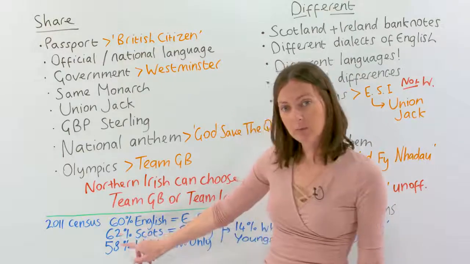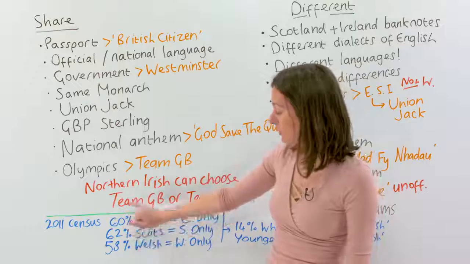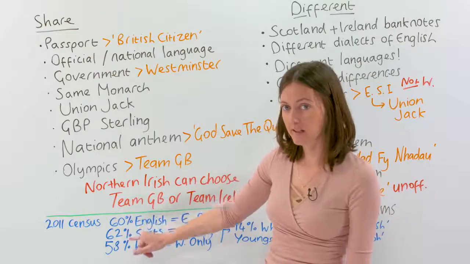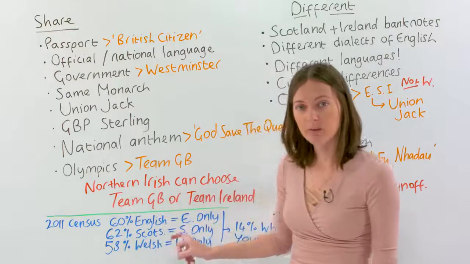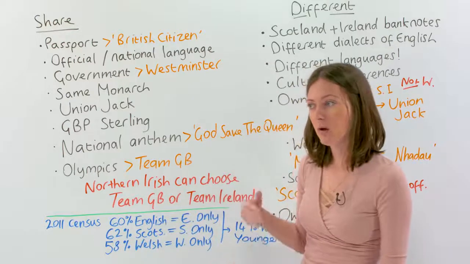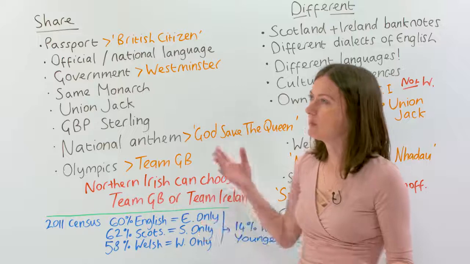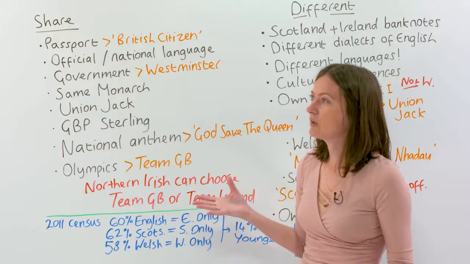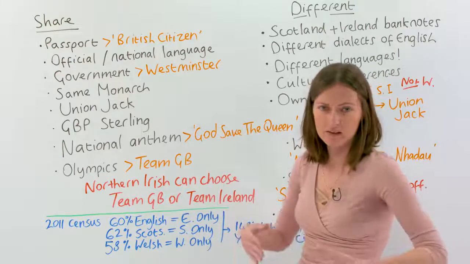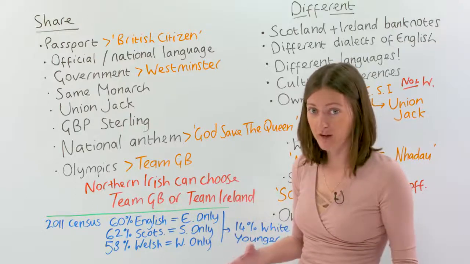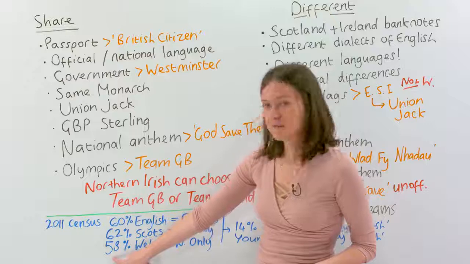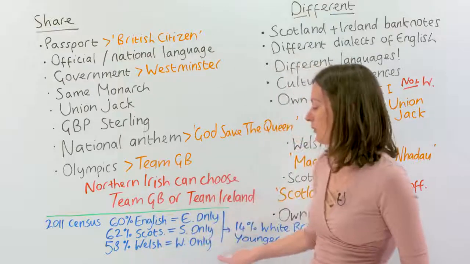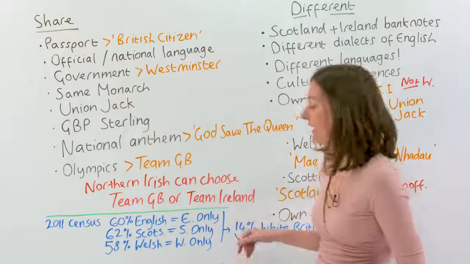So a slightly higher percentage, we could say, if we compare the percentages there, that in Scotland people are slightly more, what would you say? Would it be patriotic, love of their own country, or nationalistic, loving their country first before the United Kingdom? And 58% of Welsh people consider themselves Welsh only.